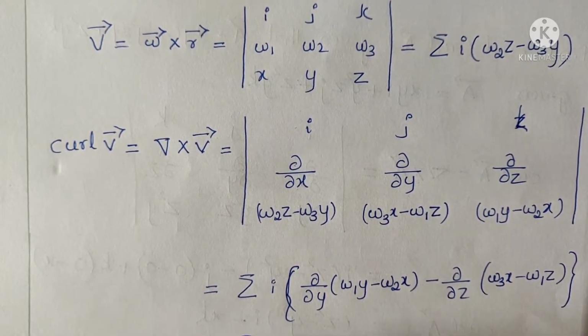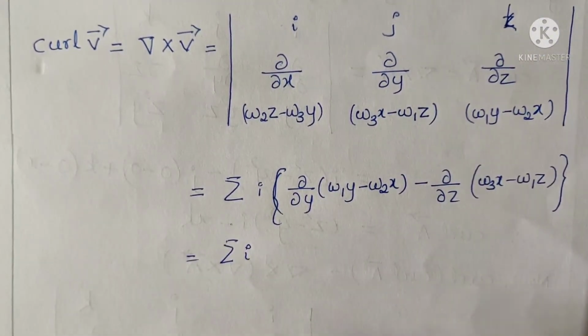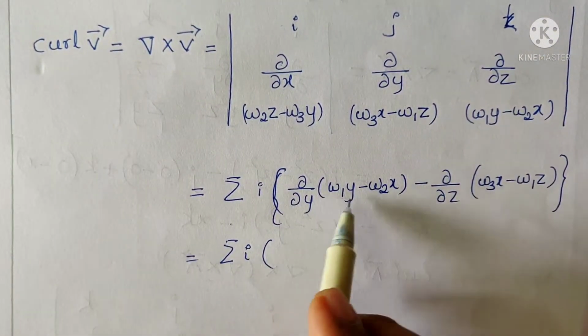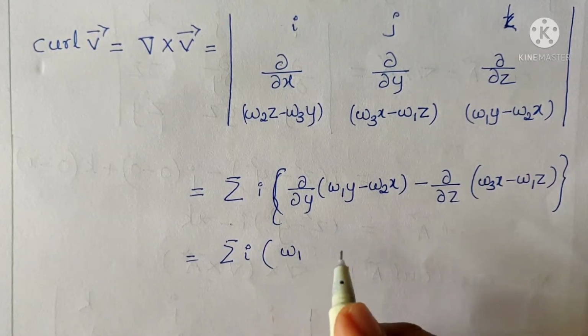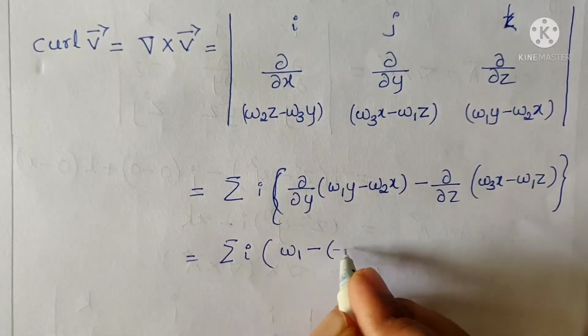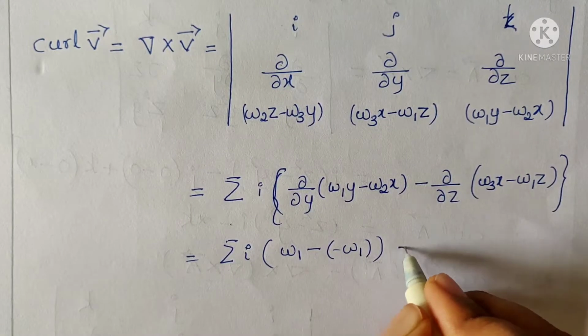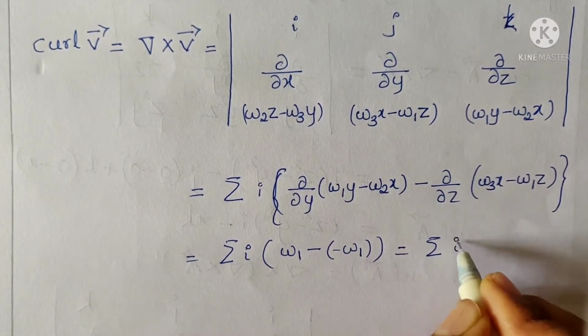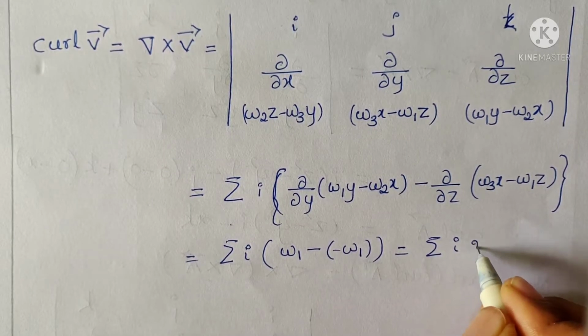So this is equal to the summation of i, then here it is w1, minus dou by dou z of this, which is minus of w1. So this is nothing but the summation of i into minus into minus, plus. So it is 2 times w1.